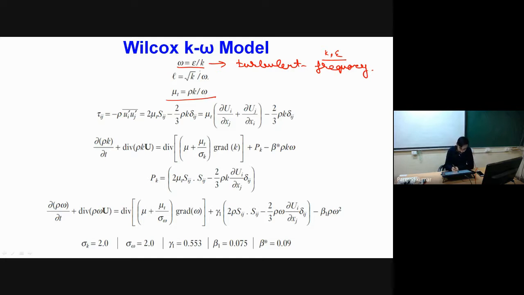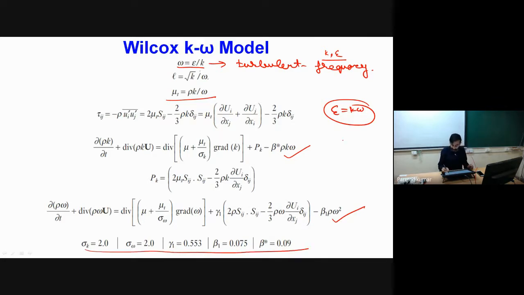Now, if we once again substitute epsilon equal to K into omega in our transport equation, we will find that this is our transport equation for turbulent kinetic energy, and this will become the transport equation for turbulent frequency. And these are the constants involved over here.